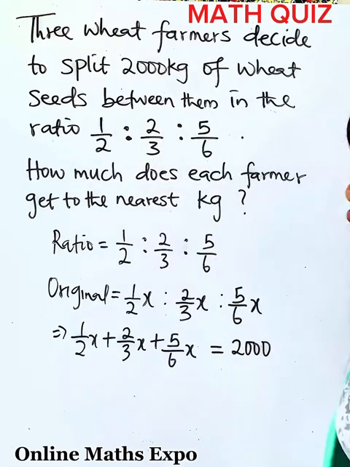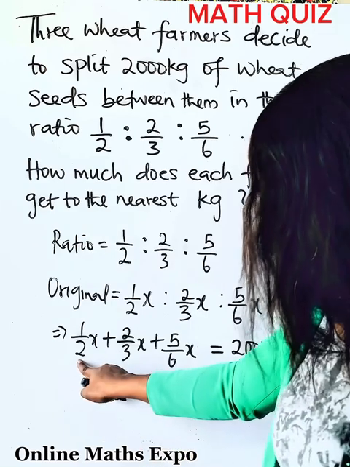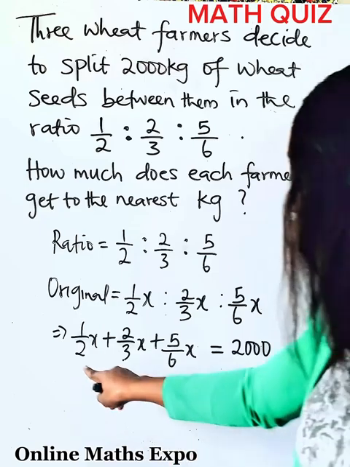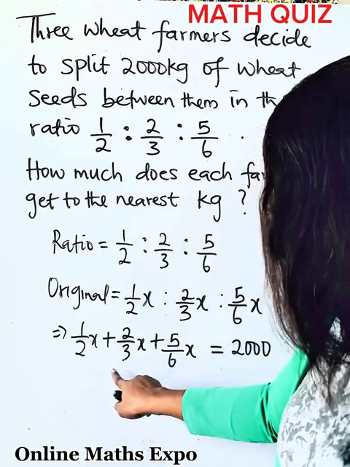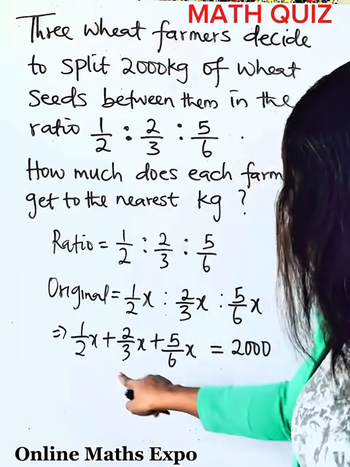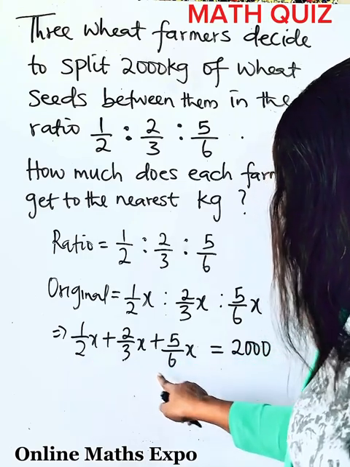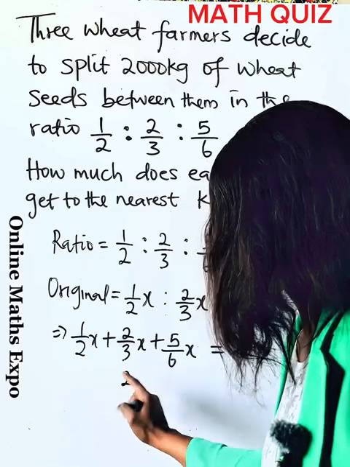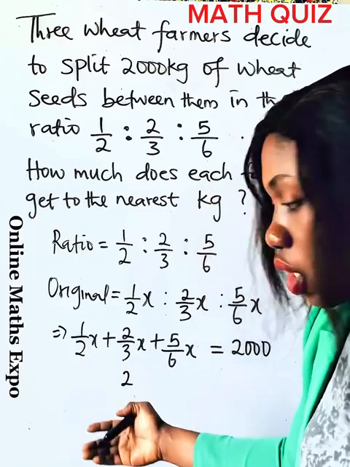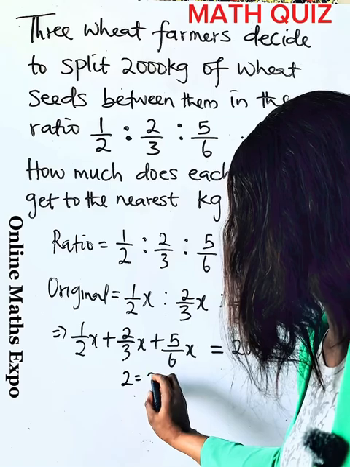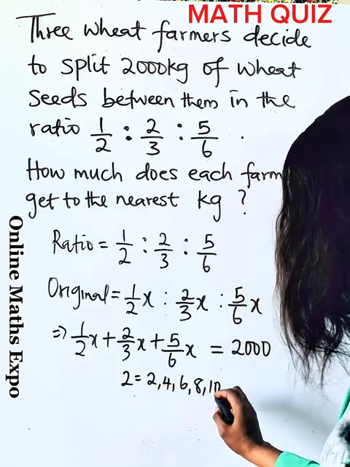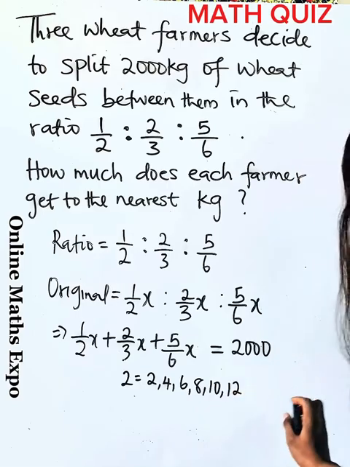Now, you don't like working with these fractions, so we are going to clear them off. What we do is get the LCM of the denominators, the LCM of 2, 3, and 6. Let's work it out. Multiples of 2 are 2, 4, 6, 8, 10, 12 and so on.